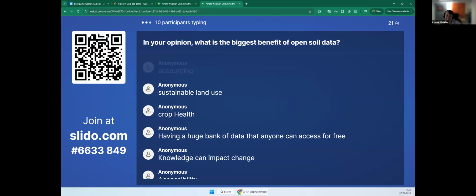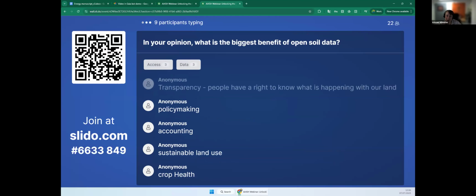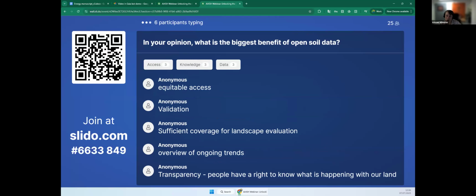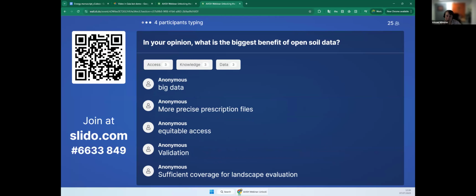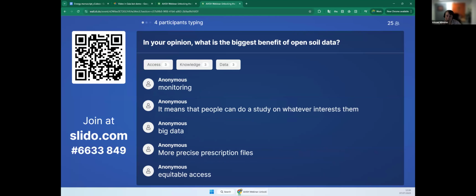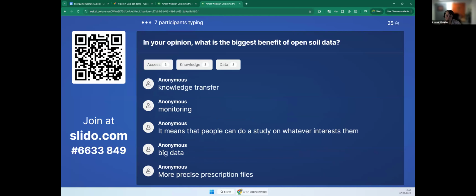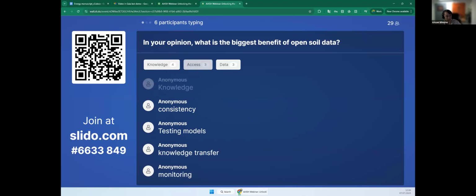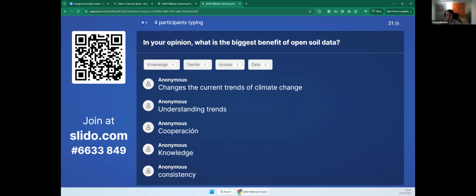All right. Nice. Accounting. Access and data. Knowledge. Nice. Okay. Access, knowledge, data. So that fits very nicely in our remit, at least, as OpenGeoHub, of why we do this kind of work.